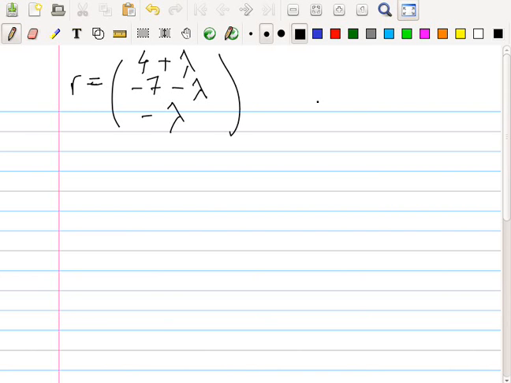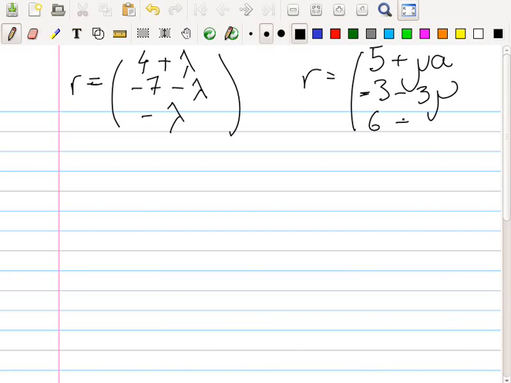And then the second one, L2, is 5 plus mu a, minus 3 minus 3 mu, and then the last one is 6 plus b mu. Is that right? Yeah.